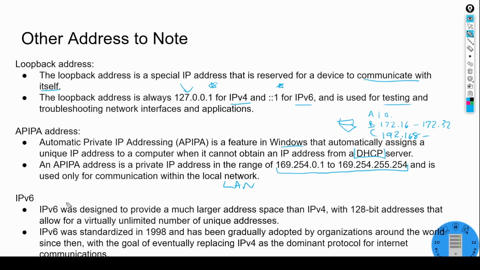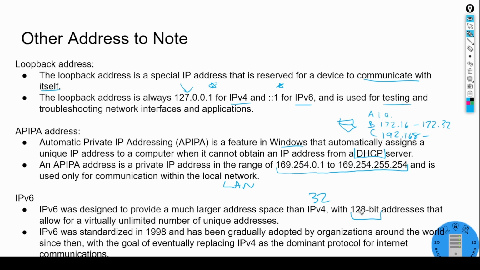IP version 6, we're wrapping up here with a comparison of IP version 4 versus 6. Basically what happened was IP version 4 only had a certain number of addresses available, and we ran out of IPs. So IP version 6 came out after version 4 to now make, instead of a 32-bit address, a 128-bit IP address that can allow for a virtually unlimited number of unique addresses, where we don't need to use public and private.